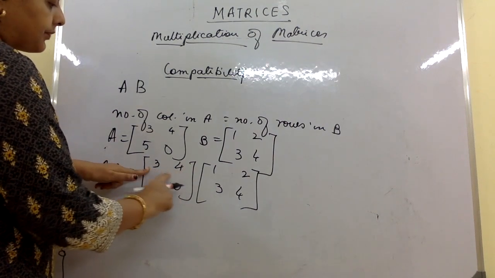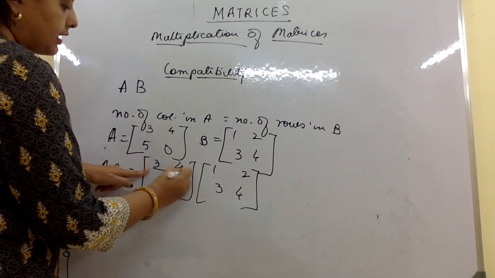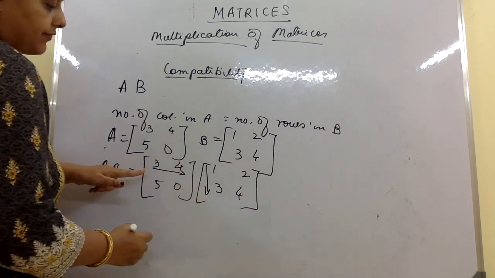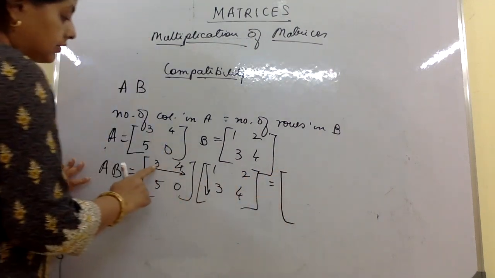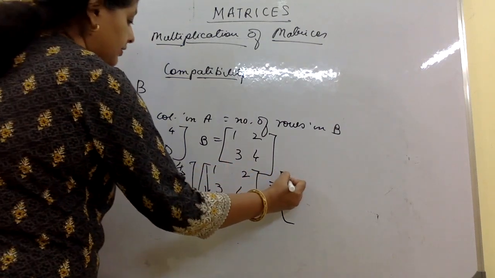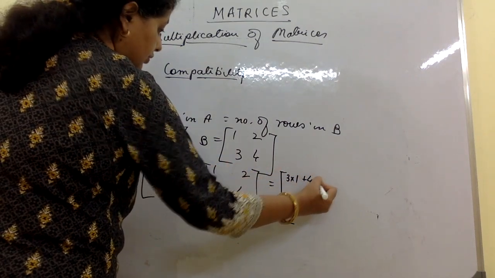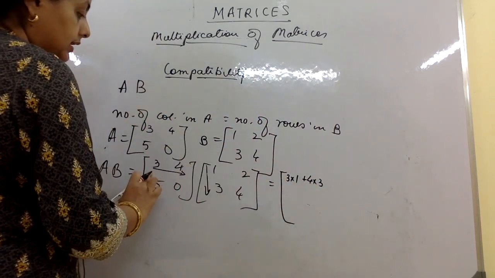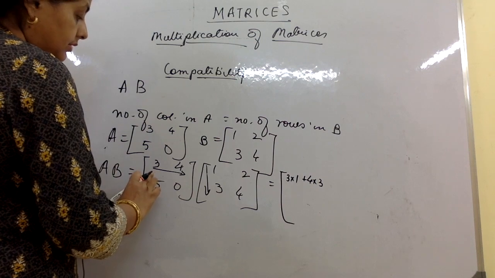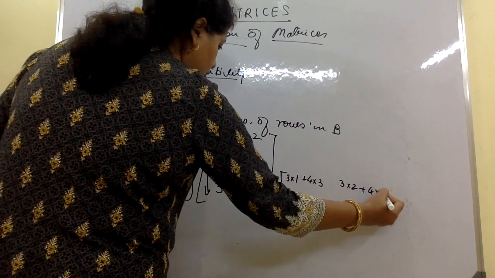Okay, now here I shall be taking this one, and multiplying with this. Look here, this way, this way. That is my first step. Okay, and see where I write it. So here 3 with the 1. Okay, let me write it only. 3 with 1 plus 4 into 3. That's my first element. This is not two elements. Then 3 with the 2. 3 into 2 plus 4 into 4.